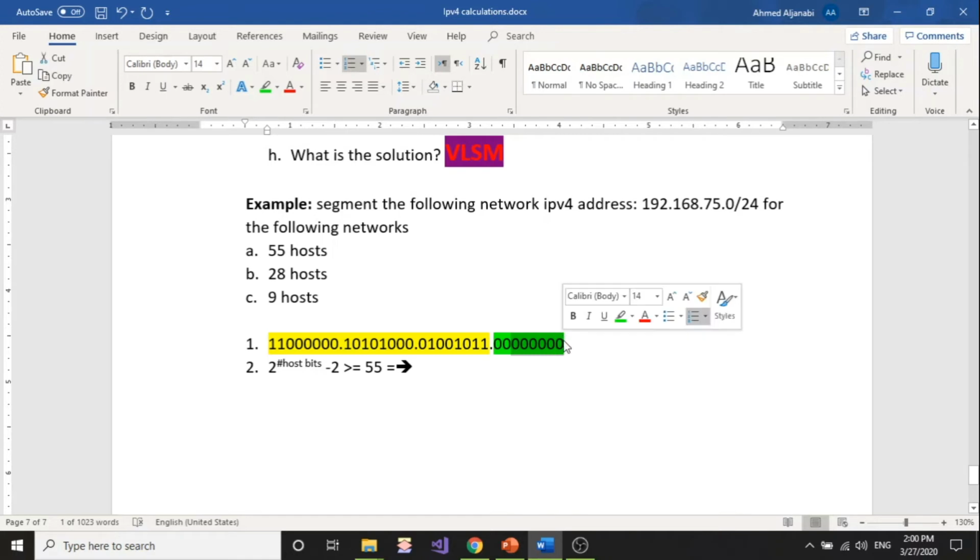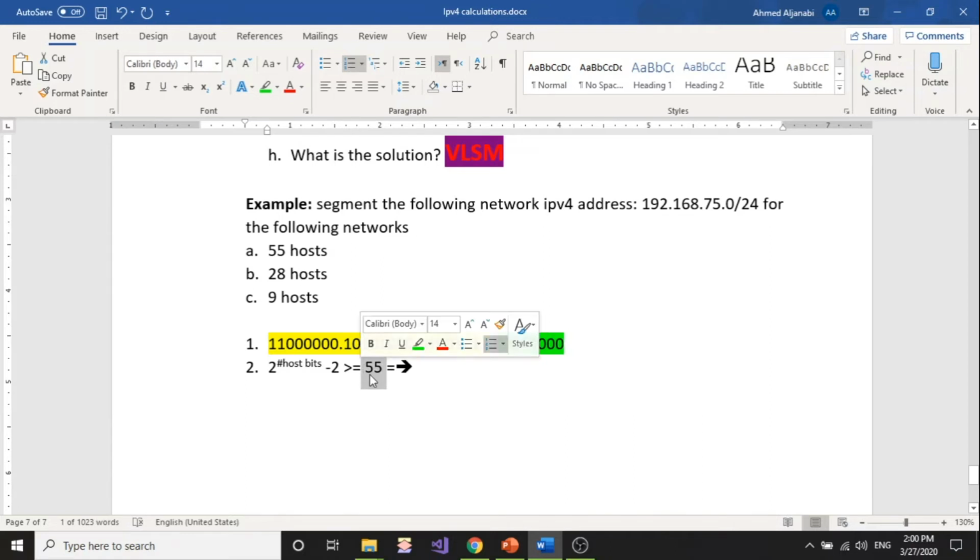Sorry, not to borrow, to keep. 2 to the power of 6. I'm going to keep 6 bits here for the host portion to be able to have 55. I'm going to have more than 55, just to tell you, but since I get 62, that's basically the number that I'm looking for, because less than that I cannot.